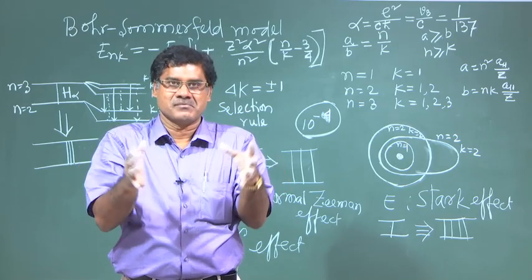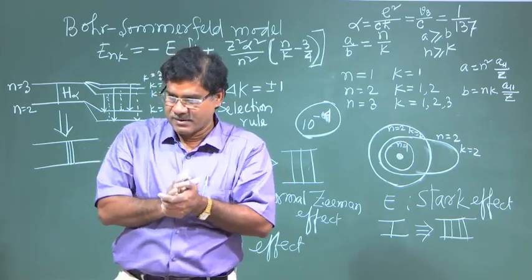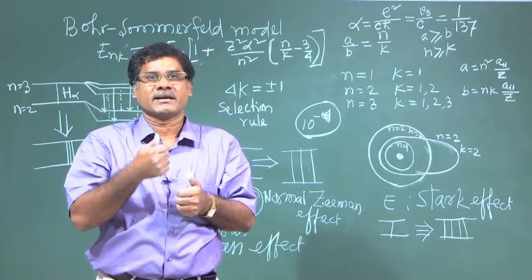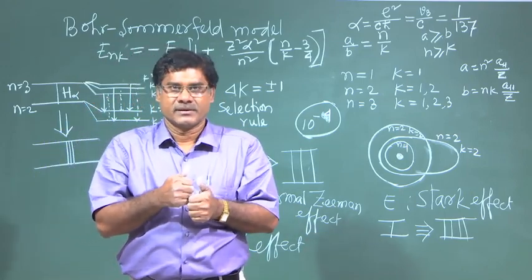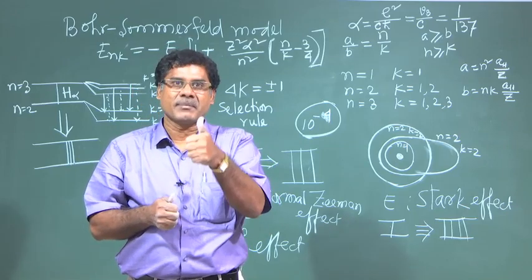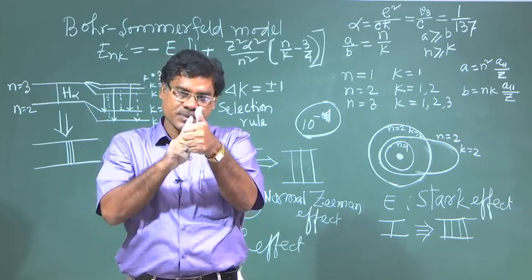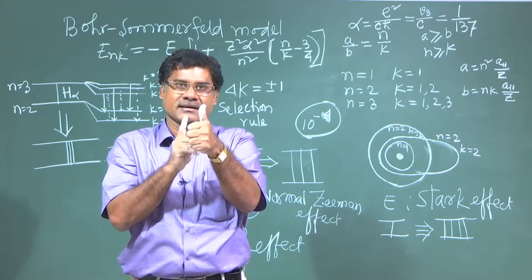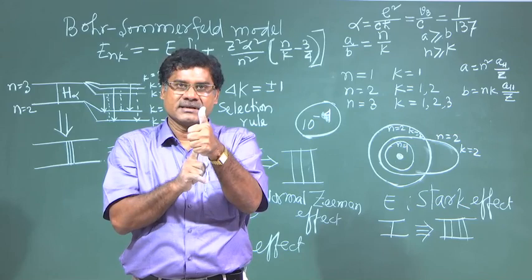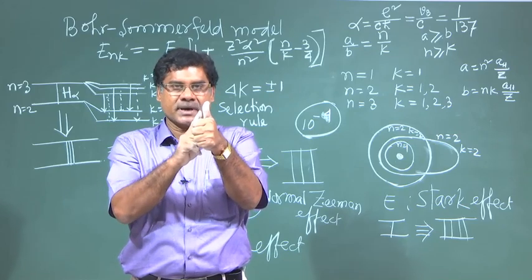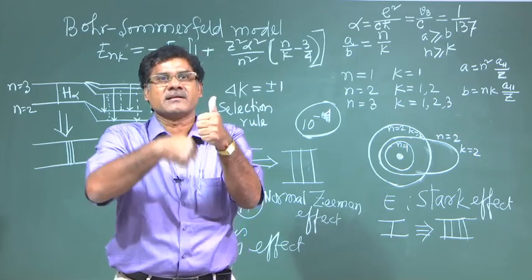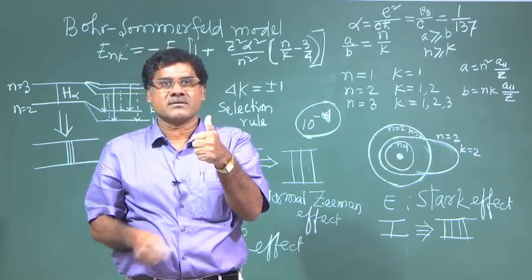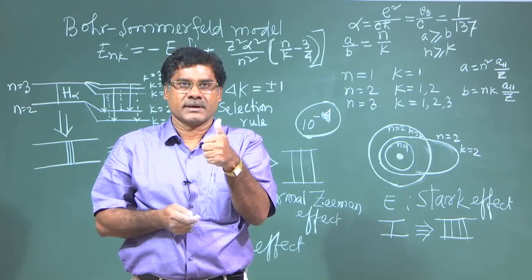So I have an atom or a system of atoms, and now I apply an electric or magnetic field in a particular direction. If I fix this direction as a reference in space, then with respect to this, which orbital planar motions of the electrons are permissible, okay.